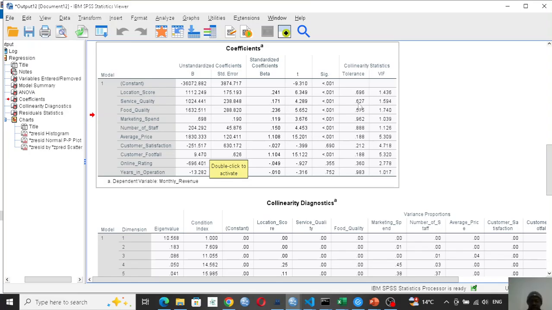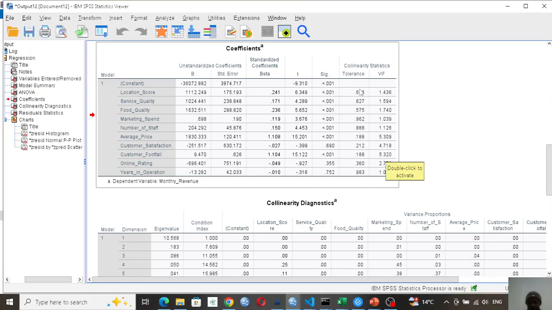And then the next important thing is to check if there is multicollinearity. We use the tolerance and the VIF. If the tolerance value is less than 0.1, that means there is a serious multicollinearity that we need to deal with, and if the VIF is greater than 10, the same.